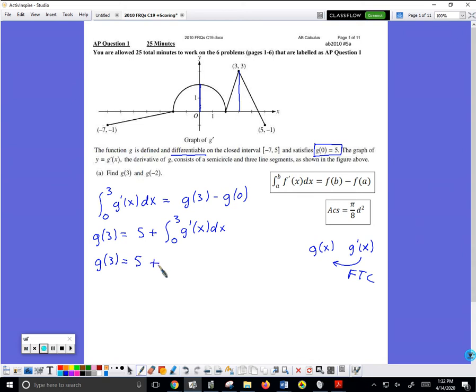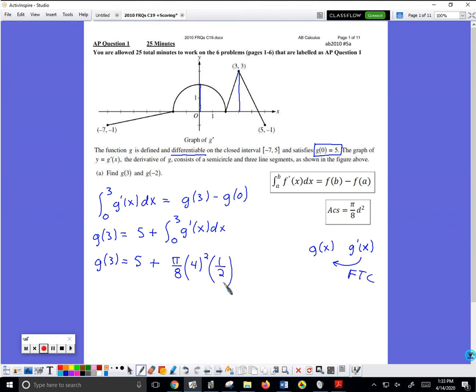I remember this formula. I don't have to remember, I just looked it up on the golden notes. Area of a semicircle. So that's going to be pi over 8. The diameter of this semicircle is 4. That gets squared. But I'm only taking a quarter of it, so it's half of this again. So I multiply this by 1/2.